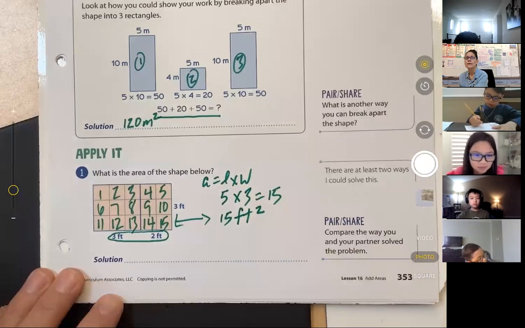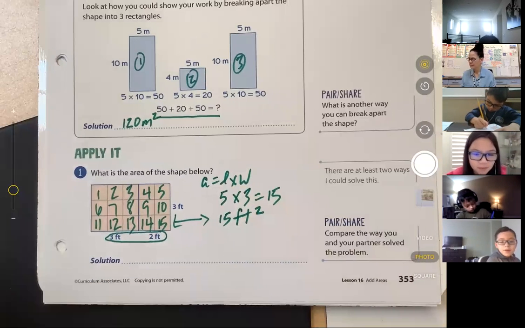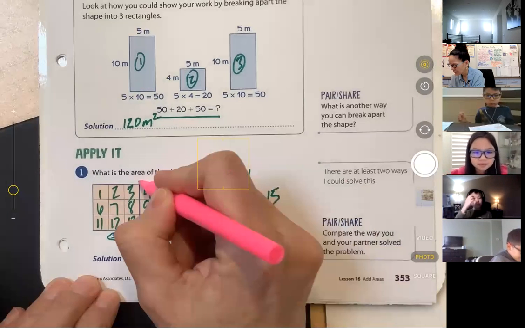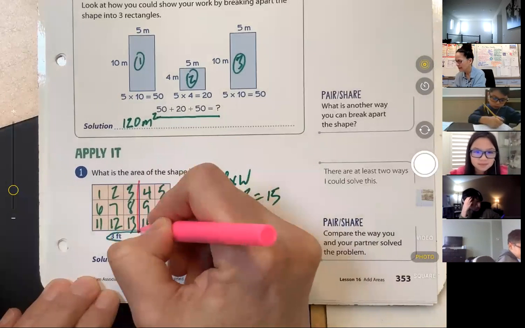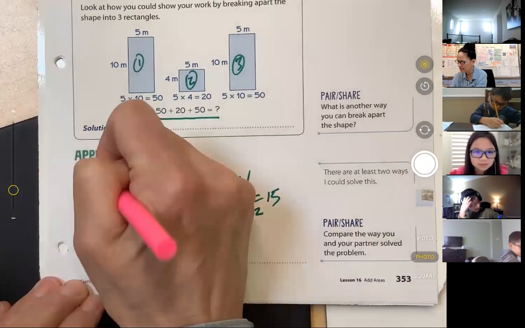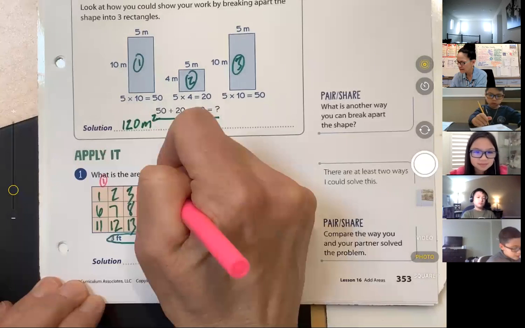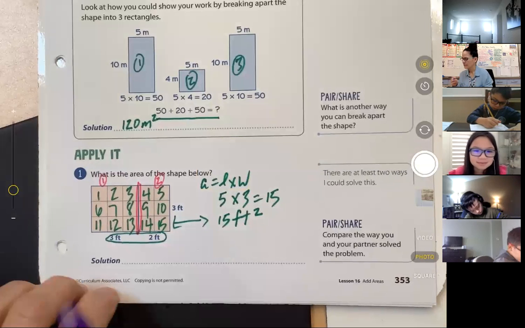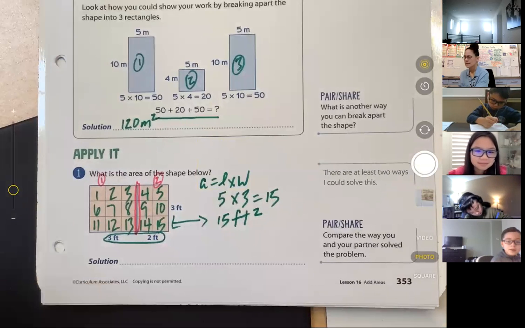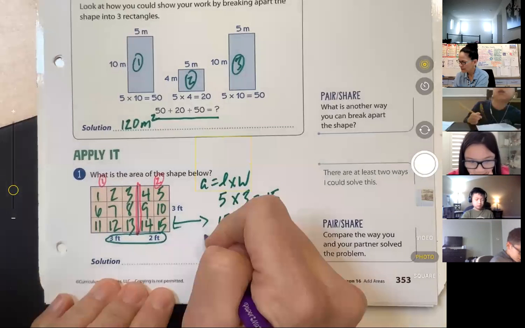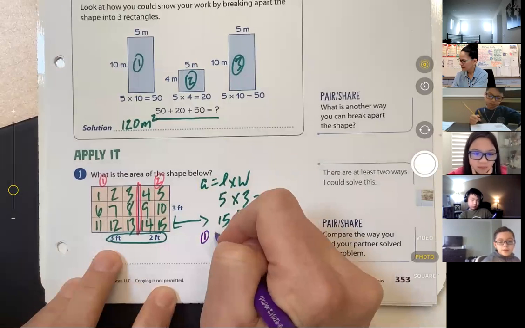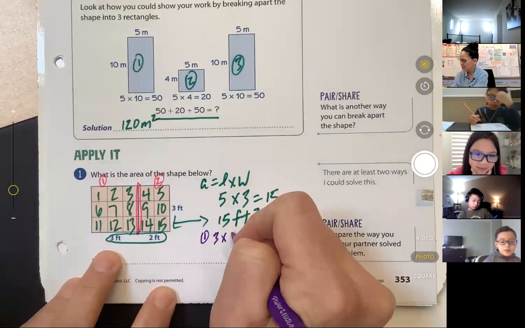Another way we could do it is we could break this shape up if we wanted to. We could break it up right here, for example, and we could do it in 2 separate pieces. There's a piece, and there's a piece. So I could do number 1 as 3 times 3.